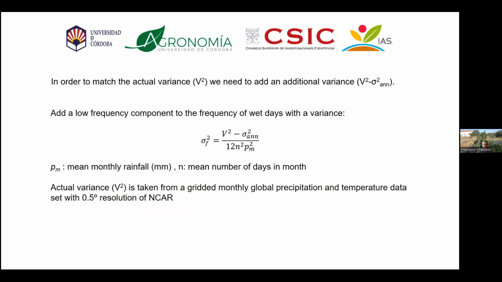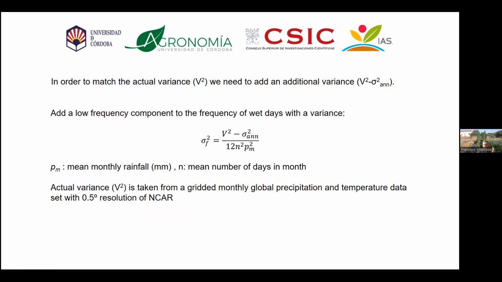This problem of over-dispersion leads in general to an underestimation of the actual variance. If we call the actual variance V squared, then we need to add an additional variance, V squared minus sigma squared sub annual. In other words, we need to add variance to the one that we can get using the Markov chain.